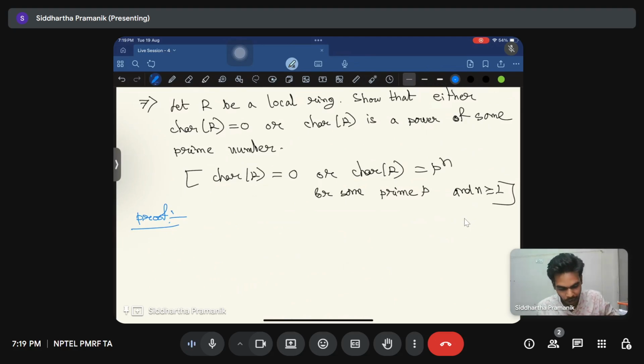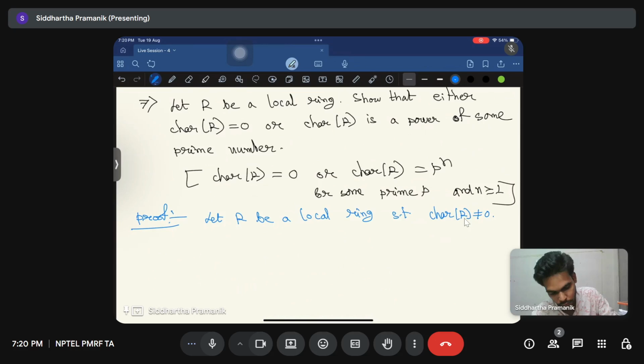So let R be a local ring whose characteristic is non-zero. Then we have to prove that the characteristic of R is a power of a prime.